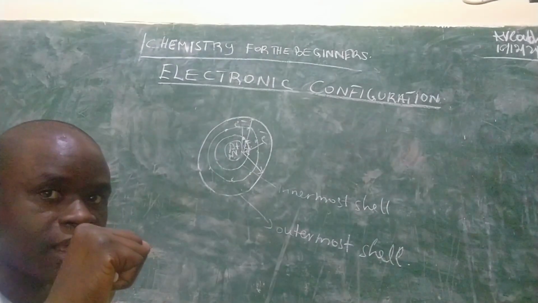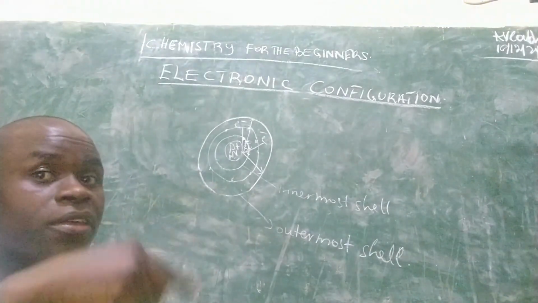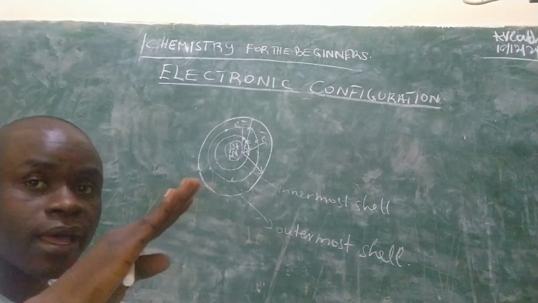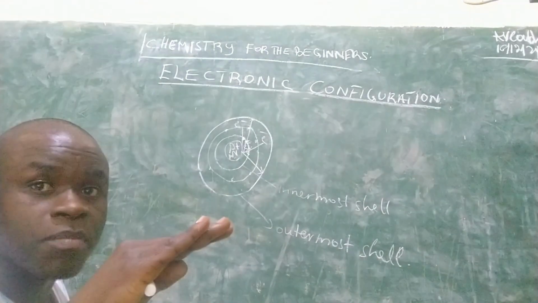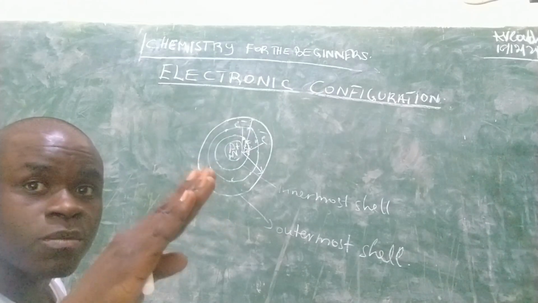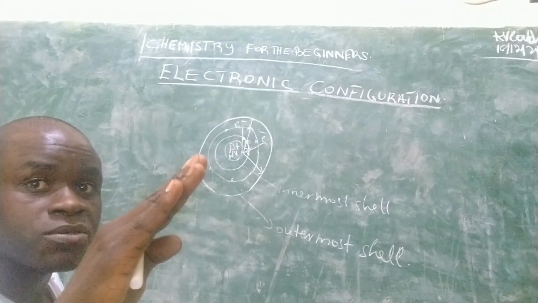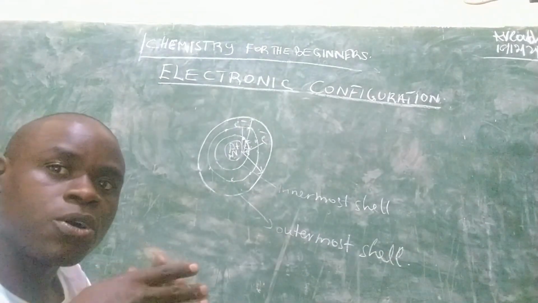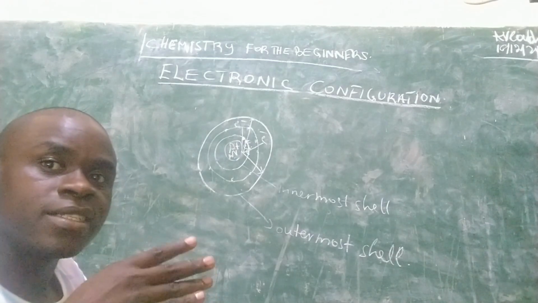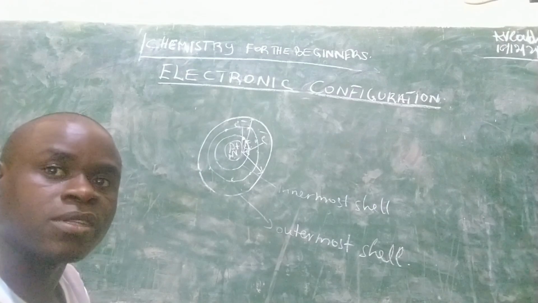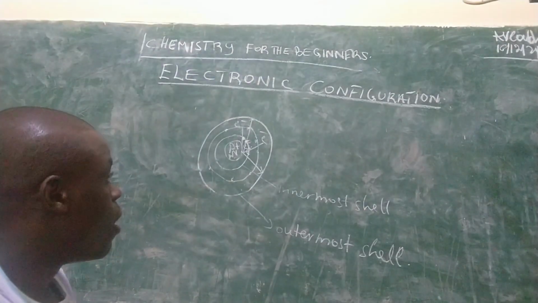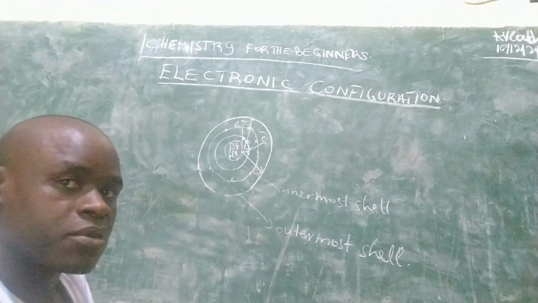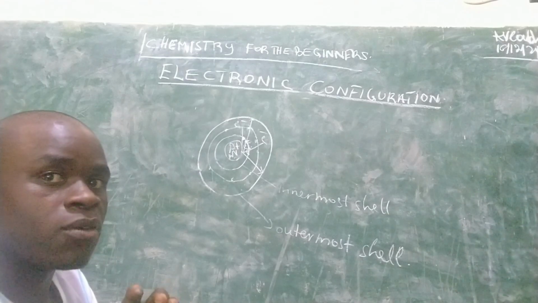The third, fourth, fifth, and so on can also hold only 8 electrons, which means from the second shell to the outermost shell, each shell can hold a maximum of 8 electrons. It is also called the octet rule. Octet rule means when a shell contains 8 electrons, it fulfills the octet rule.